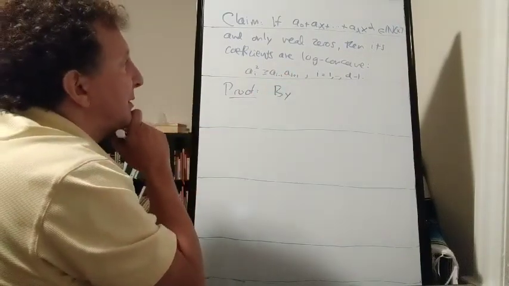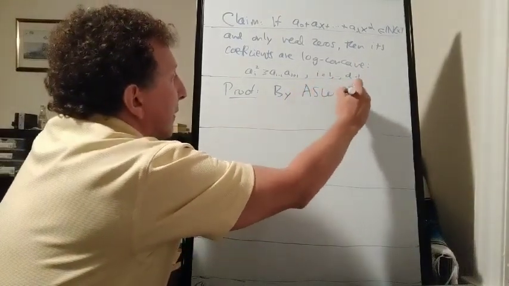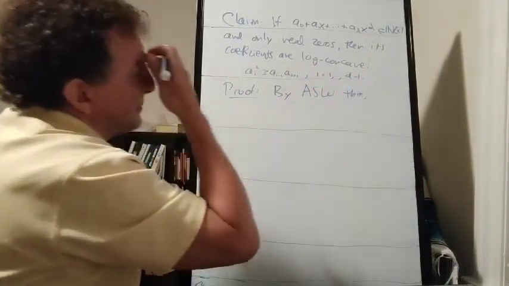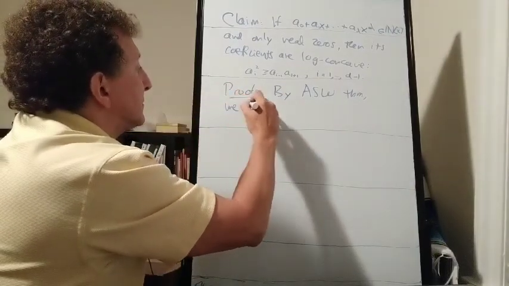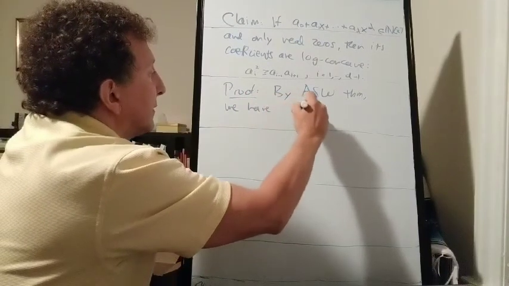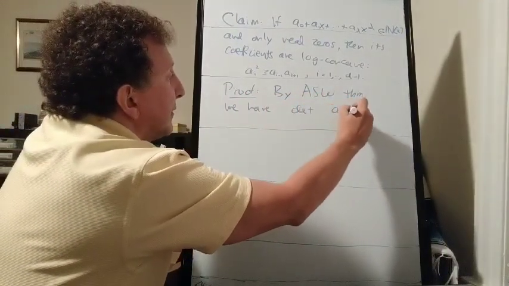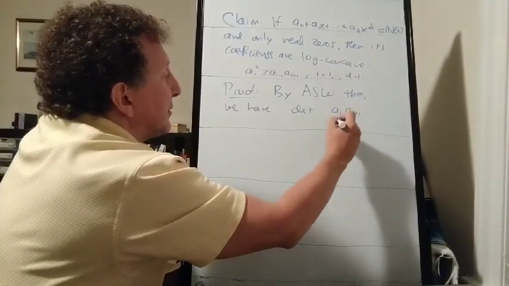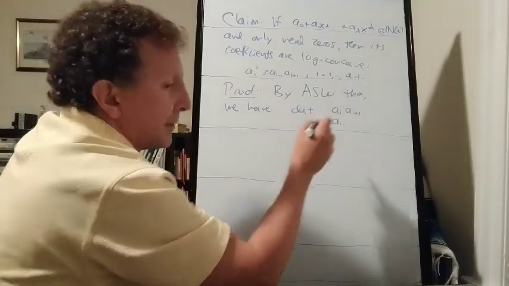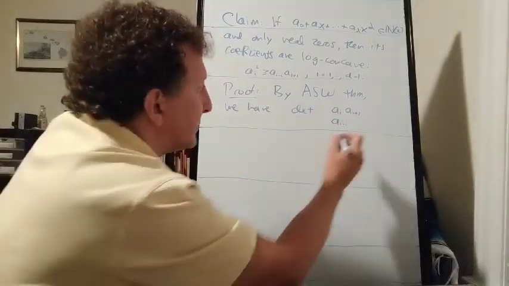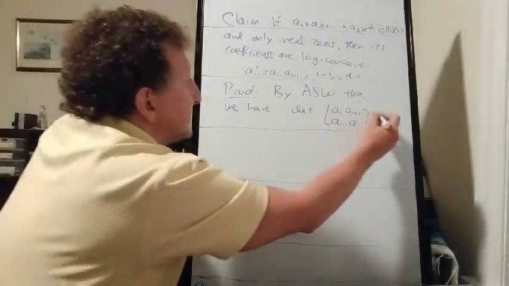And this follows immediately from the Aissen-Schoenberg-Whitney theorem. So we have that the determinant of the infinite Toeplitz matrix, the 2 by 2 determinants are all non-negative.